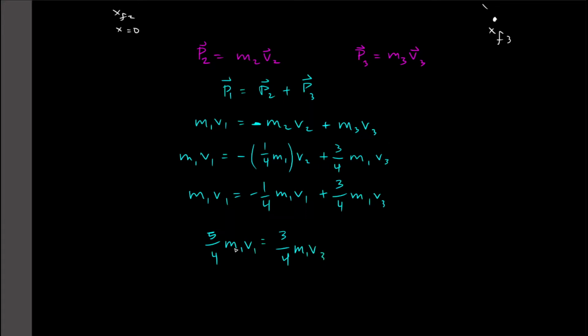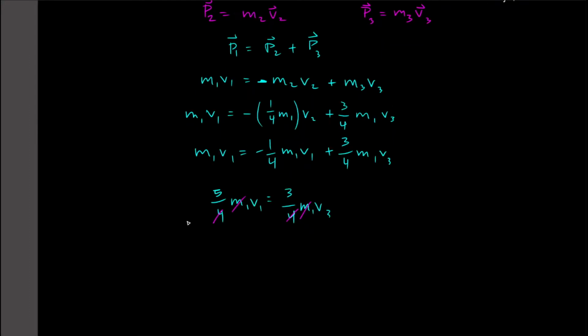Now m1 multiplies both sides, so we can cancel that out. 1/4 multiplies both sides, so we can cancel it out. And we are left with 5 v1 equals 3 v3, or v3 equals 5 thirds v1.